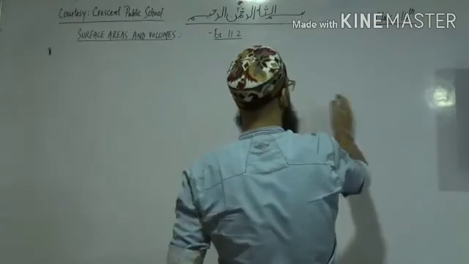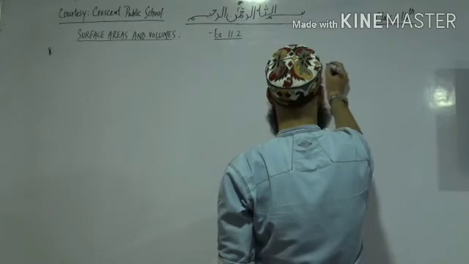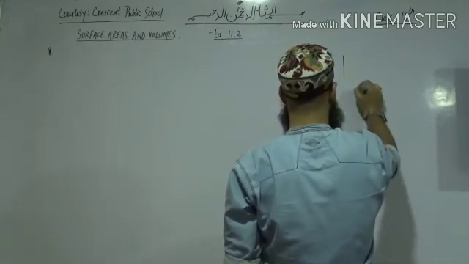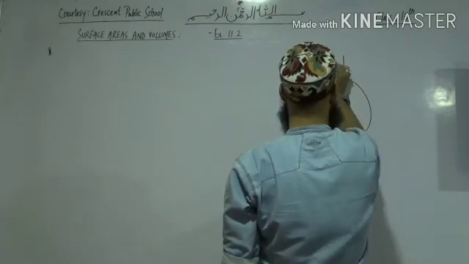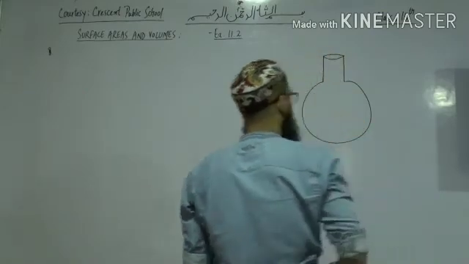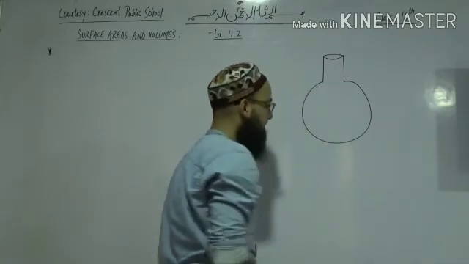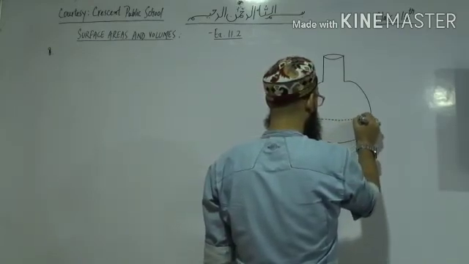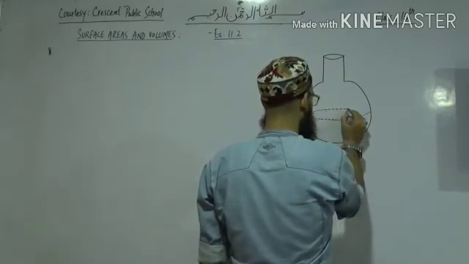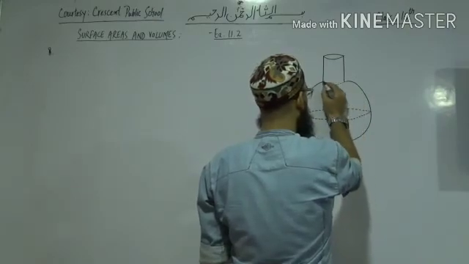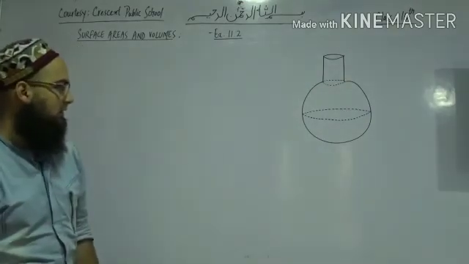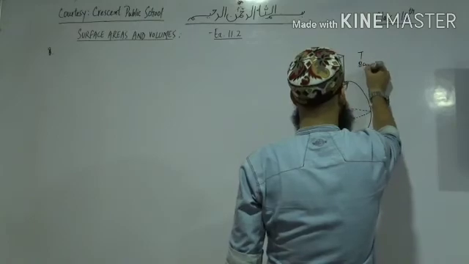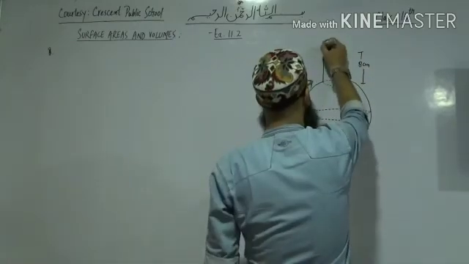So we have a spherical glass vessel with a cylindrical neck, 8 cm long, 2 cm in diameter.